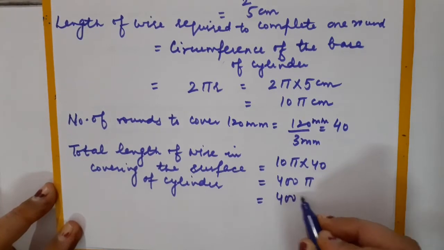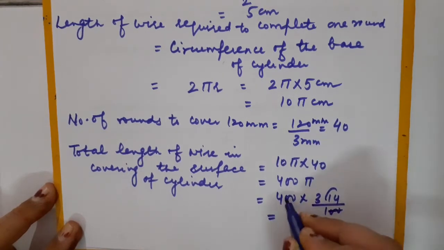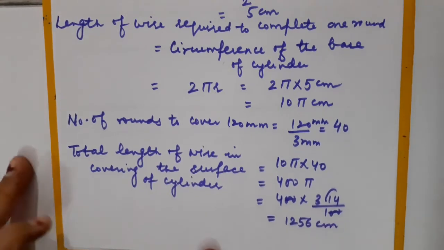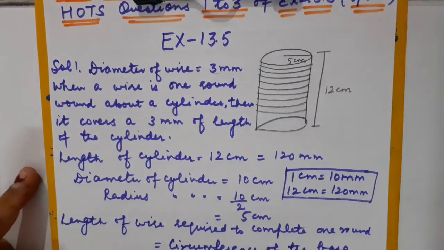It is 400 into 3.14. When I multiplied them after removing decimals, I have got 1256 centimeters. This is the length of the wire which is used to cover the curved surface area of the cylinder.